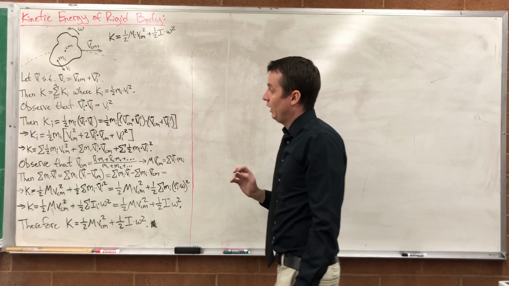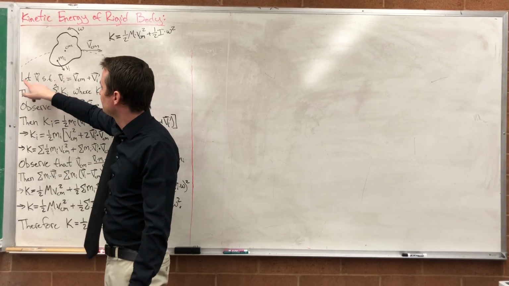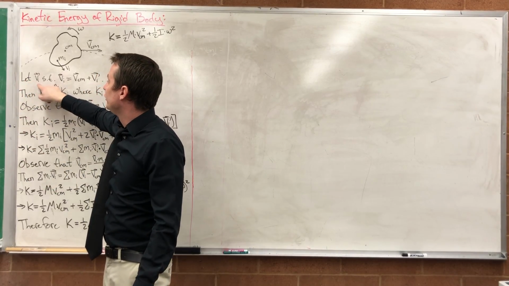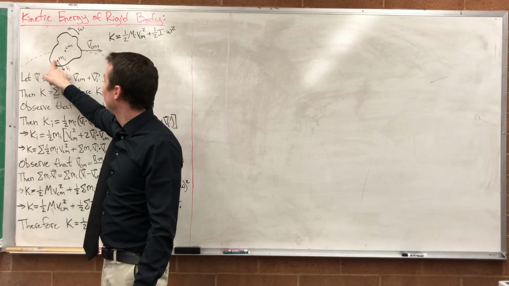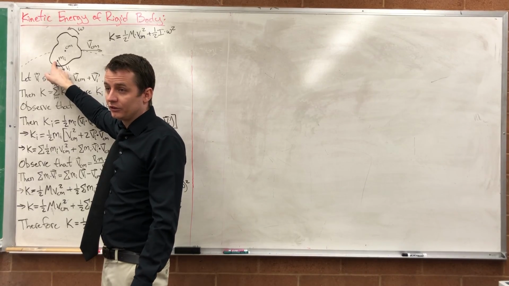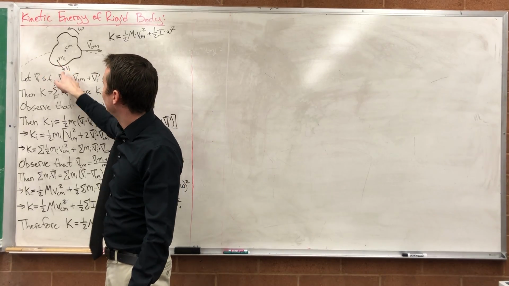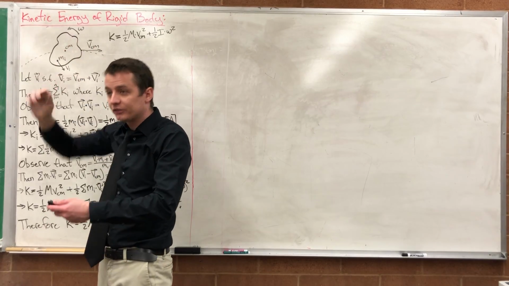Okay. Now, there's going to be a useful substitution for us as we're talking about this. We're going to use v sub i to be the velocity of that little point mass. Notice the velocity of that little point mass is kind of a complicated thing, because it might be pointing in some weird direction. Remember, there's a velocity of how the object's flying through the air, but then that thing's also spinning.